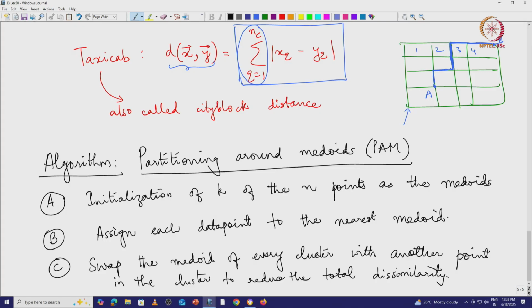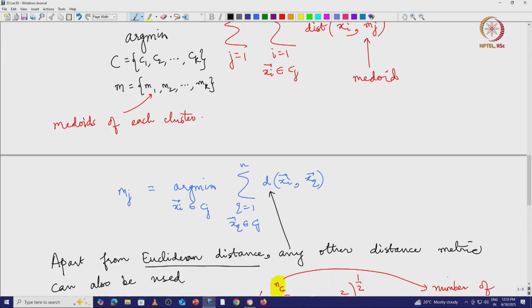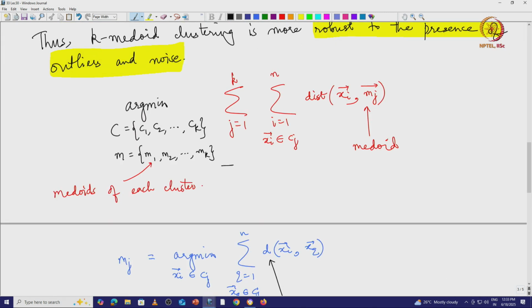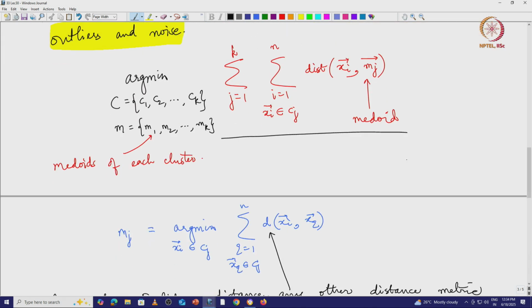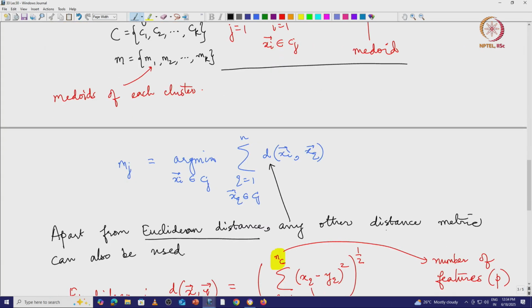If you remember, we had defined this total dissimilarity here, and that is the whole objective of this particular algorithm.